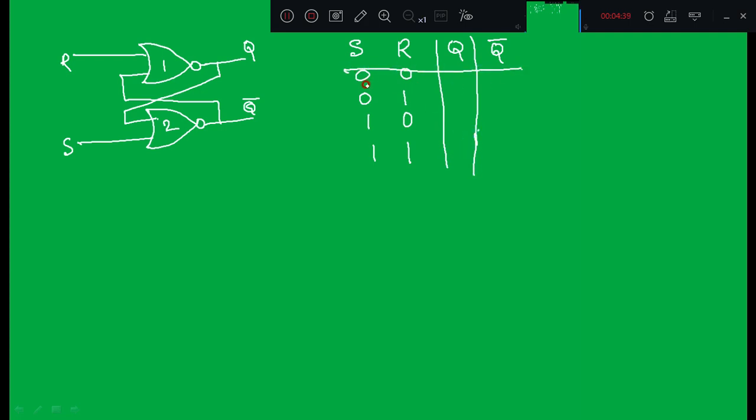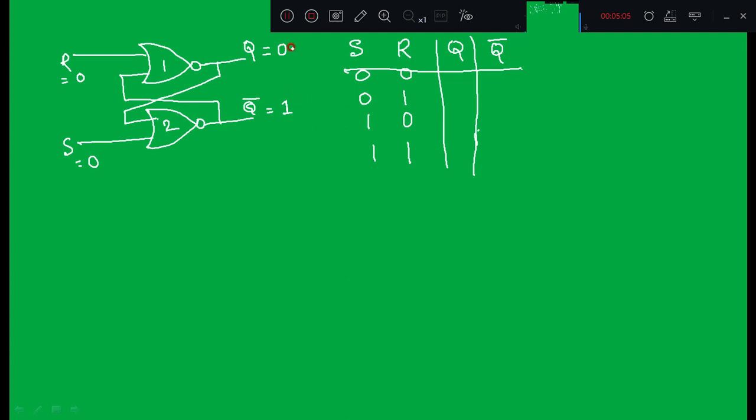So let us say 00, when I apply R equal to 0 and S equal to 0. Without knowing the second input, I cannot say what is the output of either of these NOR gates. So I will assume the previous state of the latch.